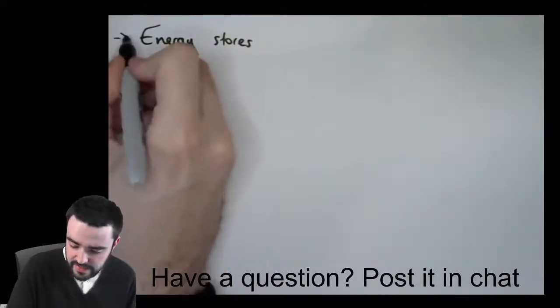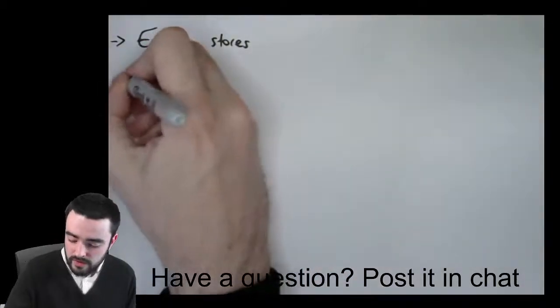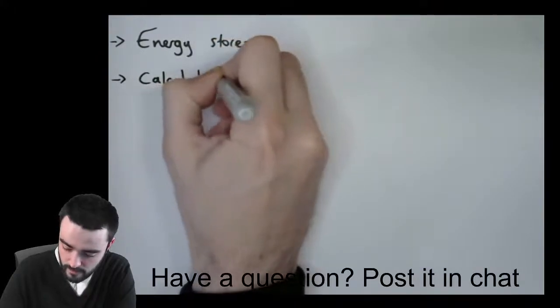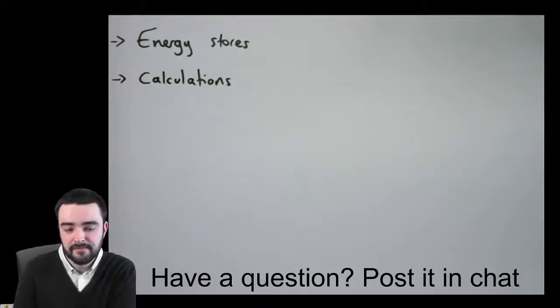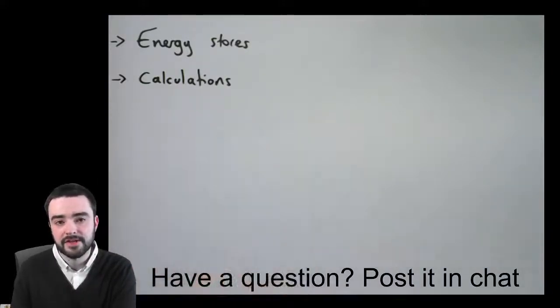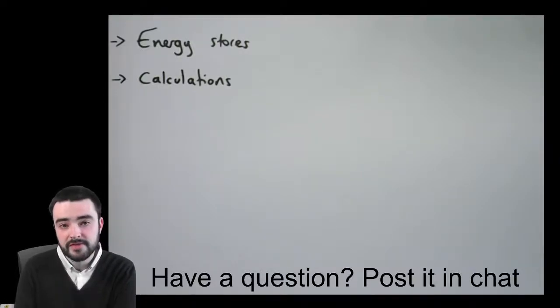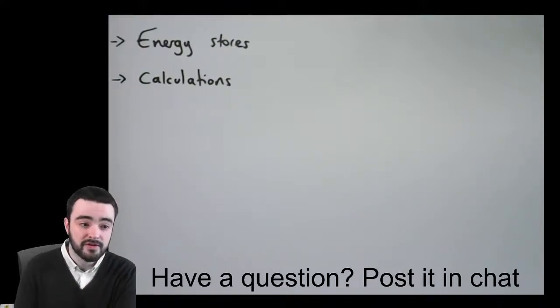Once we've looked at the general energy stores and what they are, we'll then be moving on to calculations using them. Calculations form a large part of any physics exam. Even the centre assessments that you're going to be doing if you're in year 11 will have a large proportion of calculations in them. Some of that is remembering the equation, but a large part of it is remembering how to use an equation and being really careful that you're not making silly mistakes while you're doing it.